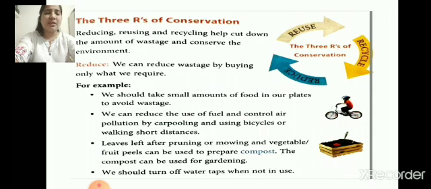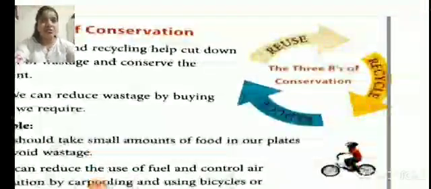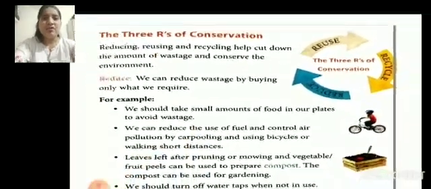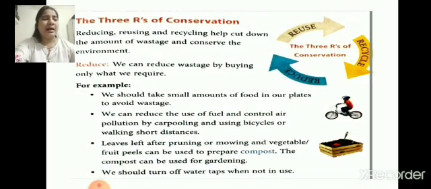Children, if you can see in this picture, the 3 R's of conservation: reuse, reduce, and recycle. First we are going to see about reduce.